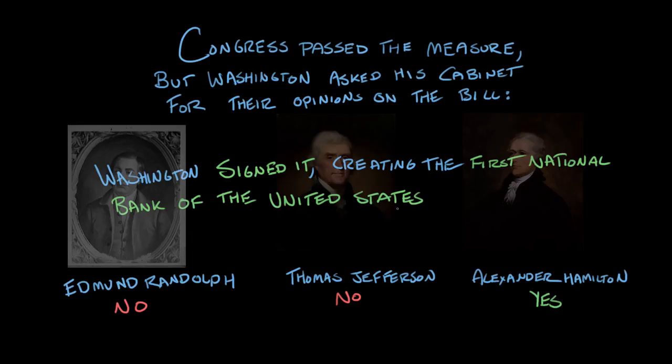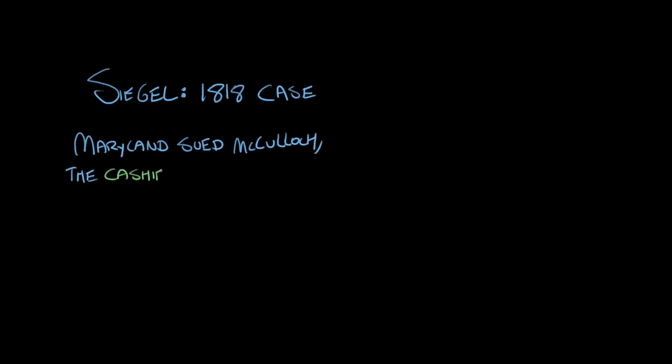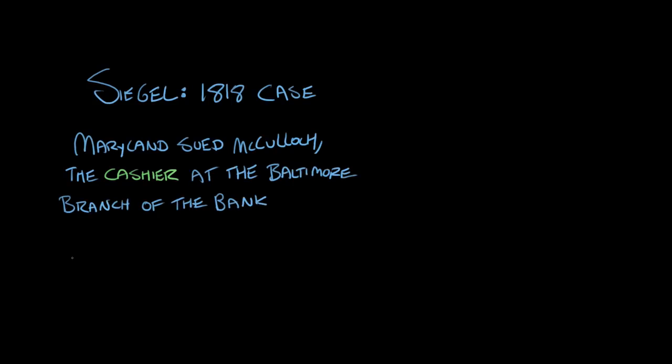This case arose in May of 1818 when Maryland sued McCulloch, who was the cashier of the Baltimore branch of the bank. Maryland sued him in state court to recover a tax assessed by Maryland on the bank. And this was a time of intense hostility toward the national bank in a number of states.